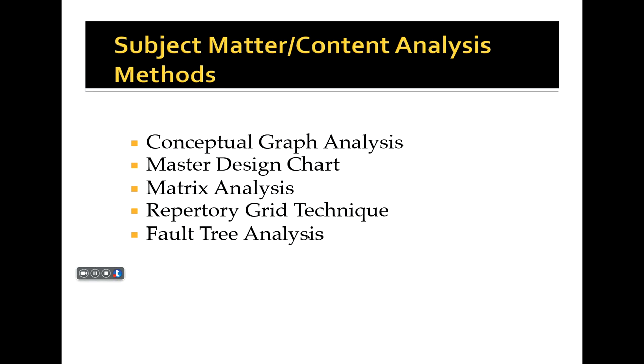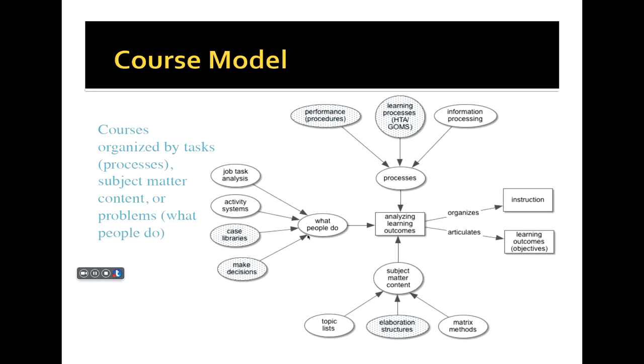Subject matter content analysis, there's ways of doing things like conceptual graph analysis, a master design chart. If you can imagine, all of these methods kind of surround identifying an inventory of the subject matter that needs to be taught and a sequence and structure to the order in which one might teach the content, particularly paying attention to critical dependencies and knowledge across a subject matter.